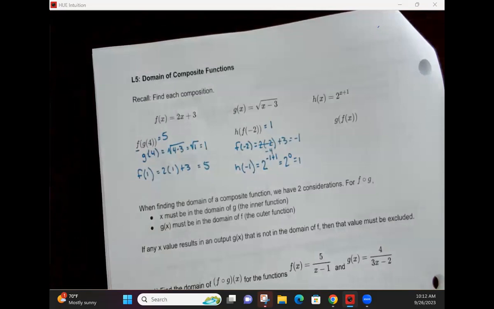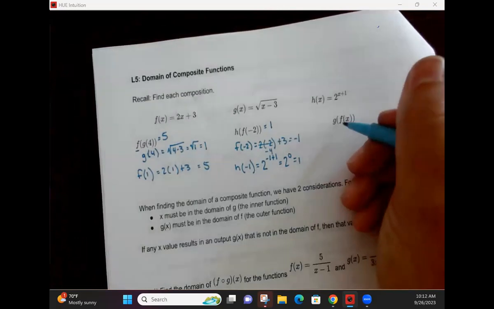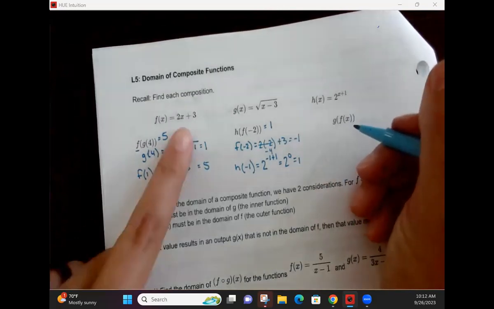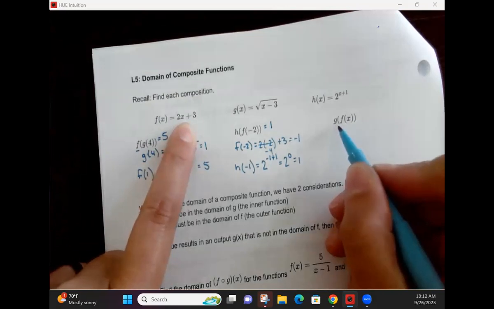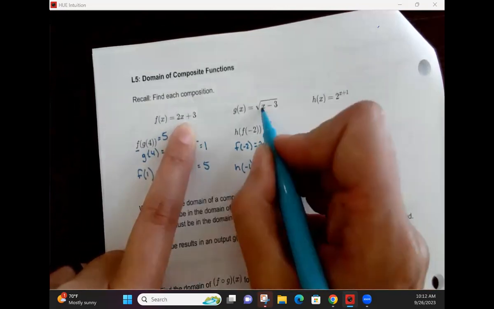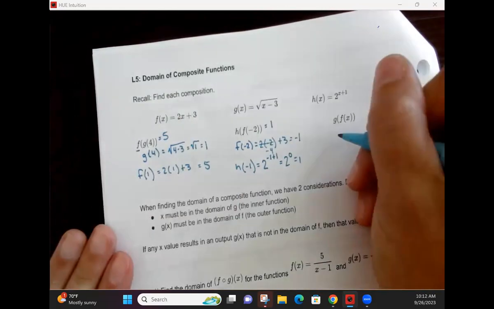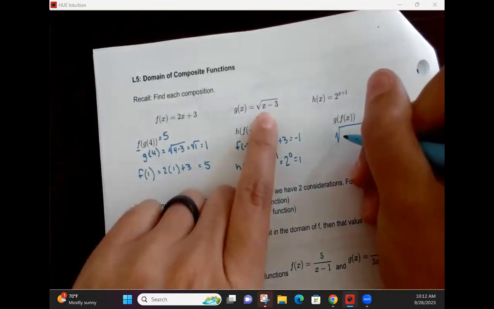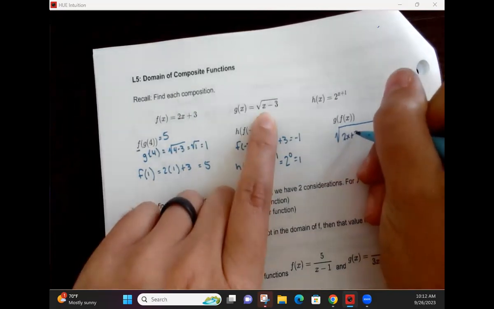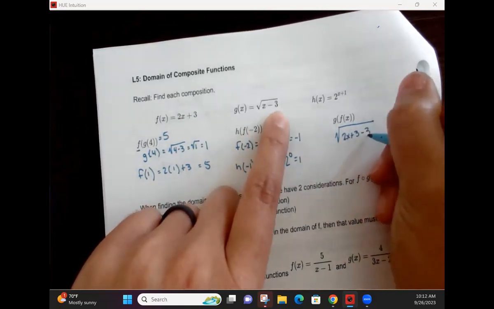And then for our last one here, we're not evaluating, we're just giving that composite function. So we're going to take f of x, we're not plugging anything in for x, we're going to take f of x exactly as it is, and use it as the input in g of x. That means we're going to replace x with this stuff. So that would be the square root of 2x plus 3 minus 3.